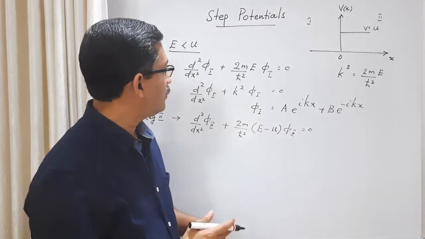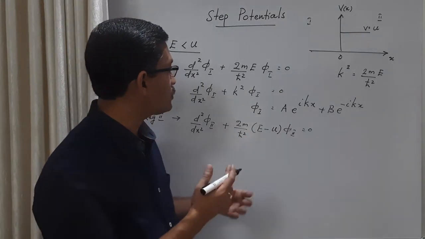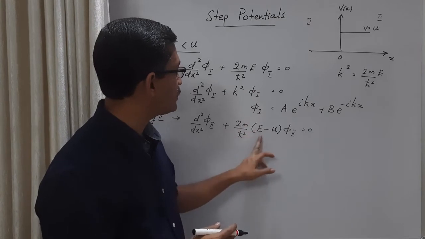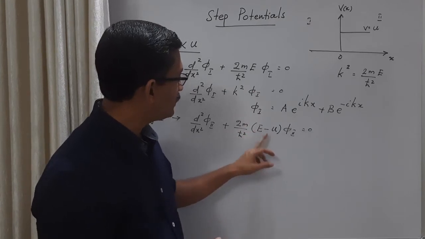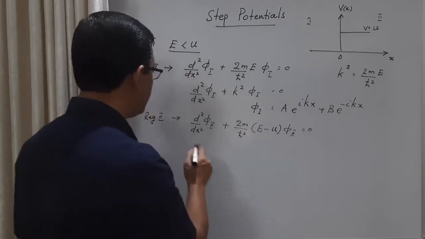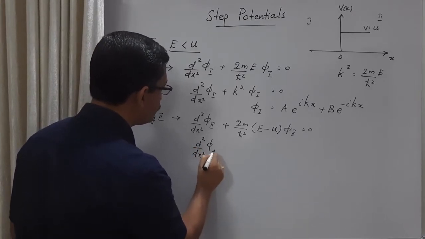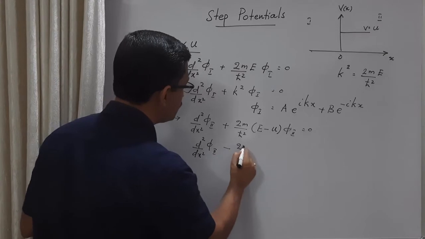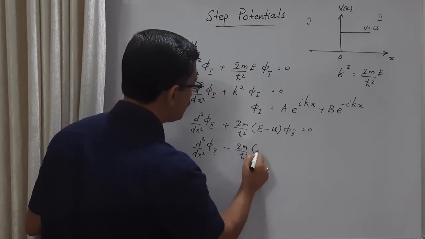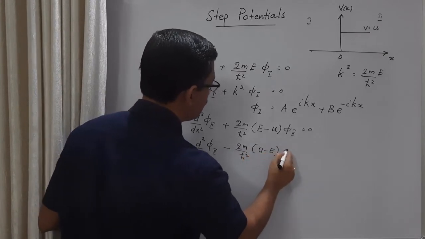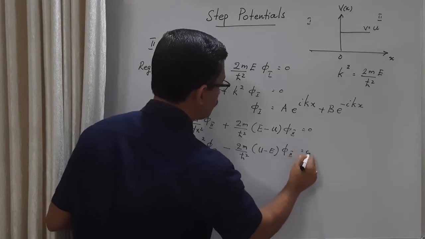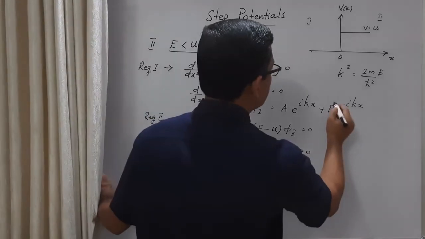So in order to introduce a positive constant, let us take the negative sign outside. So we have d square by dx square phi 2 minus 2m by h cross square (U minus E) phi 2 equal to 0.